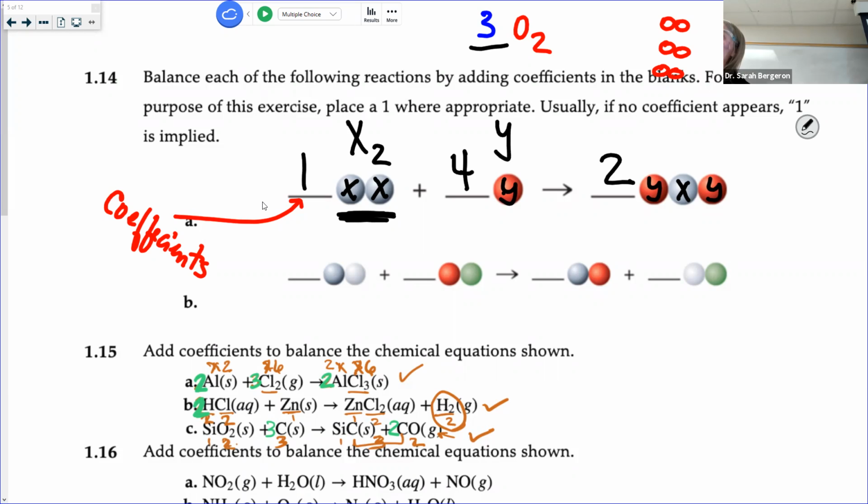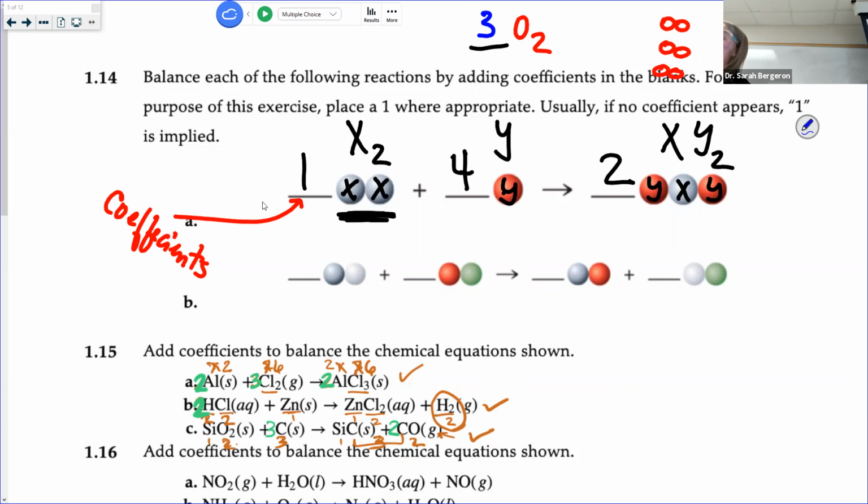Just a Y, but there's no subscript. It just means 1. How do I write the formula for my product? Be careful. The subscript goes behind the element. So we'll say it is XY2.